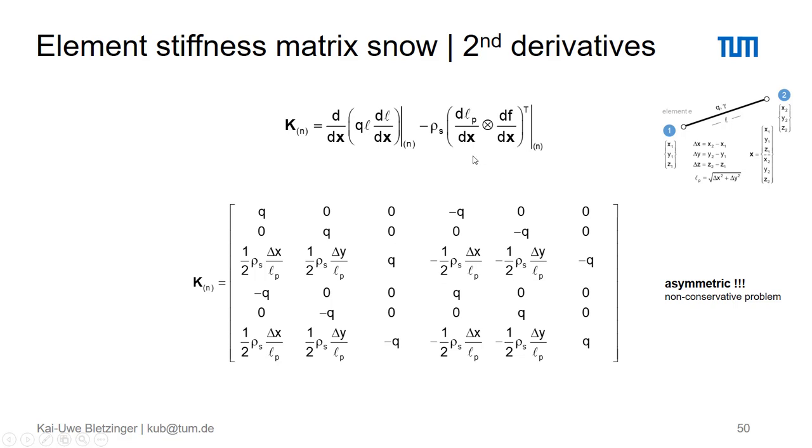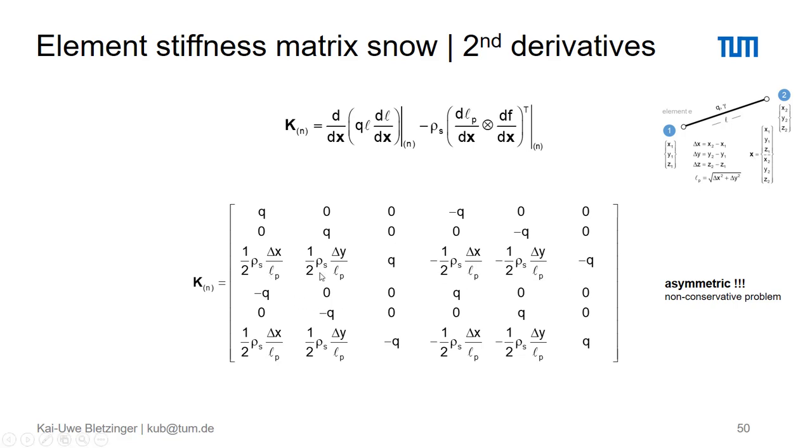We just have to combine the derivative of the projected length that comes from linearization and the derivative which comes from the variation of this f function, the center vertical deflection of the element with respect to x. And again you see entries in the third and in the sixth line referring to the direction z1 and z2, which appear at position 3 and 6 in this vector of free variables related to the element.